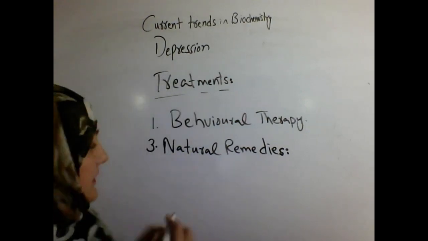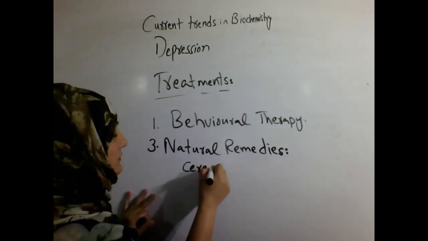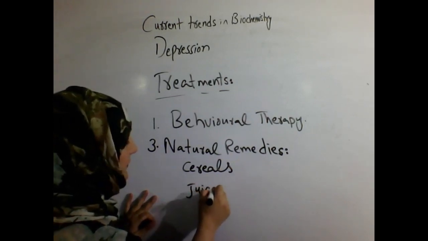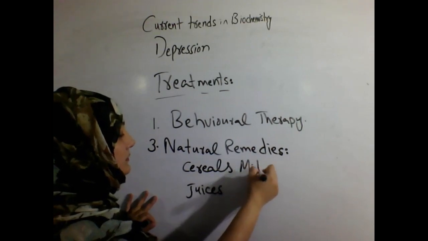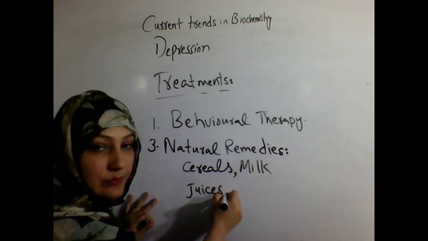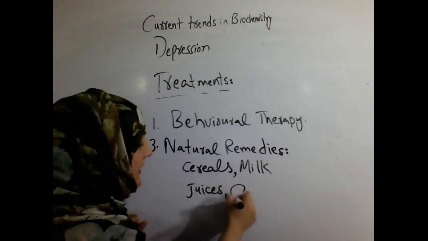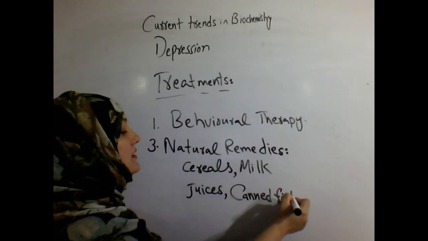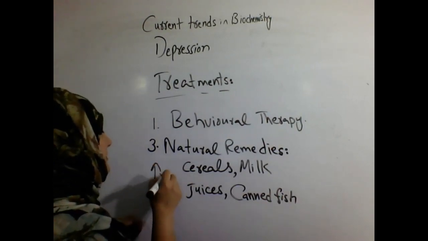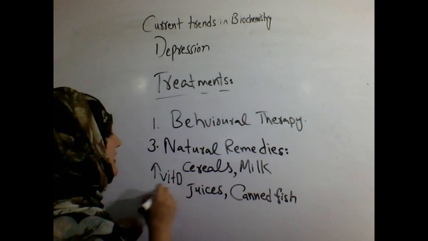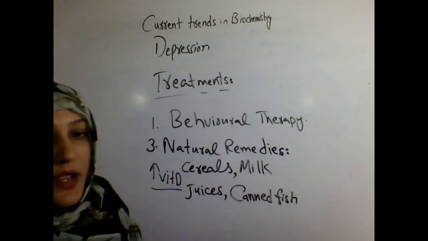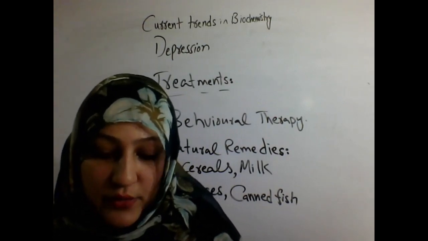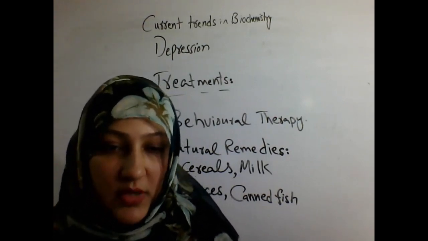Cereals, juices, milk, and canned fish are rich in vitamin D. They contain a high amount of vitamin D, and by taking it, people come out of these depression behaviors.